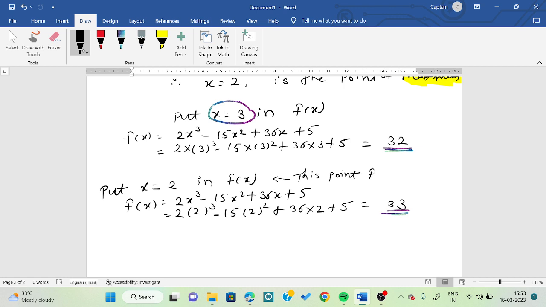This point, function is max, and for this point, let me highlight again, function is minimum. So how did we decide this?